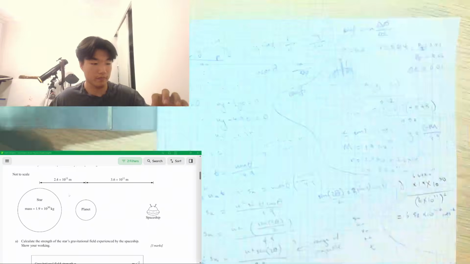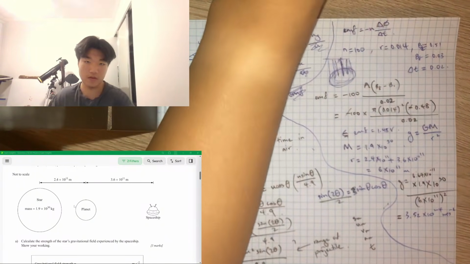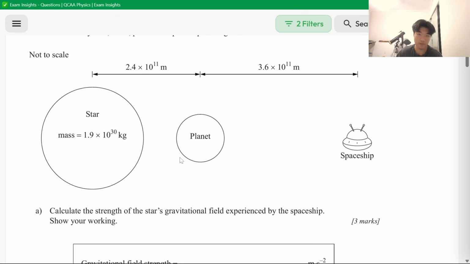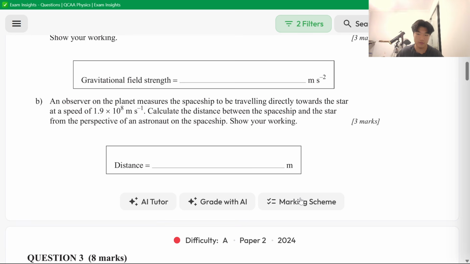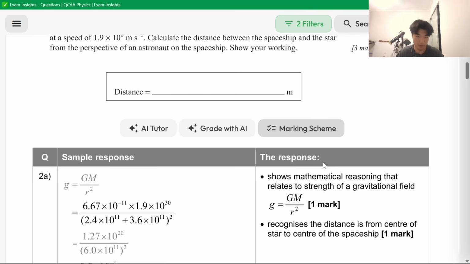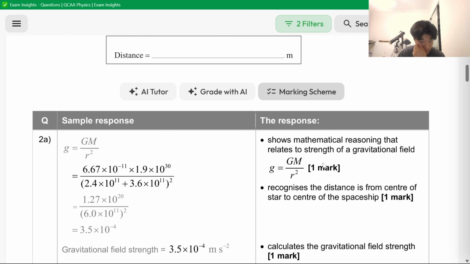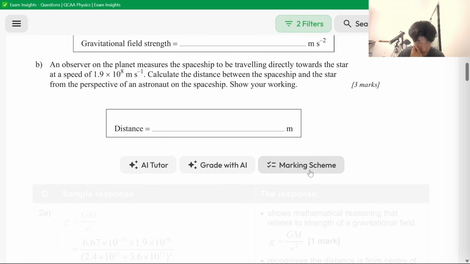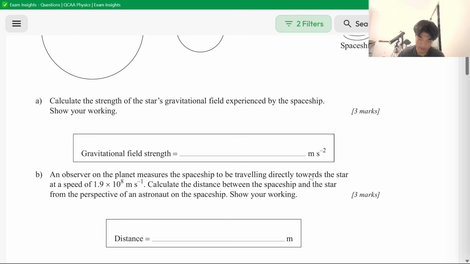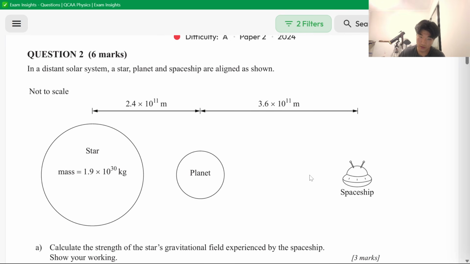Okay. So now what do we do? We see if we're correct. That's what we do. Yeah. Okay, we are correct. At least I think, because the significant figures are different, but I think we're correct.